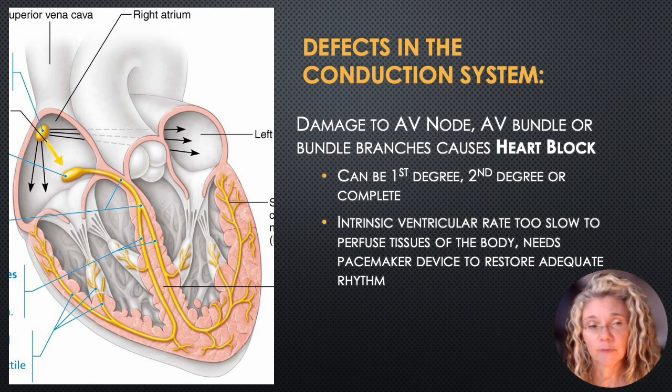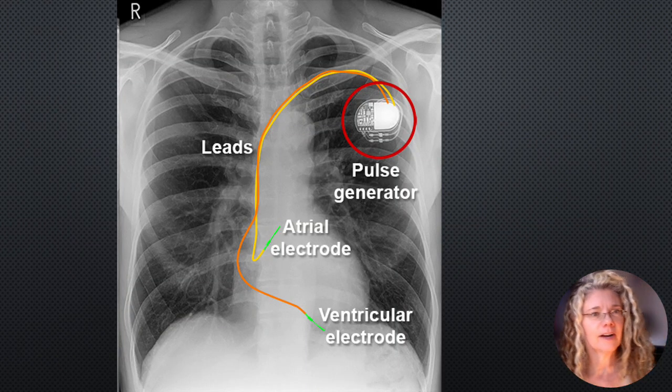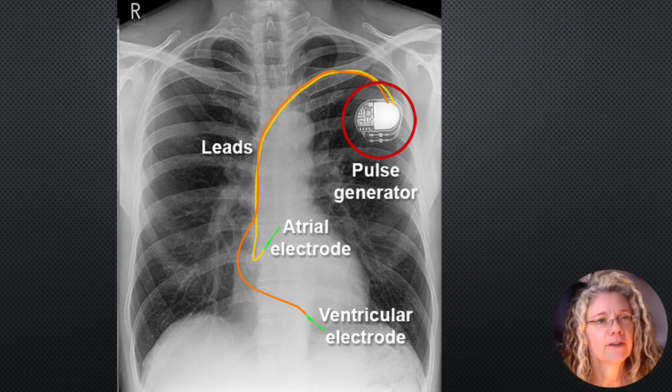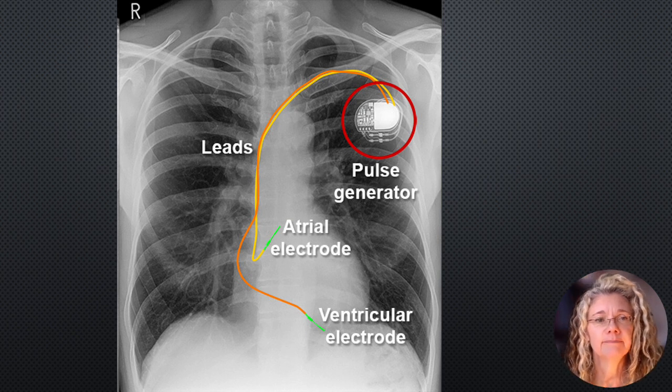So when we have damage to this part of the heart, then we need to insert a device to restore that appropriate rhythm, and we call that a pacemaker. All right, so this is what it looks like to have a pacemaker installed. The pulse generator that's circled there in red is going to be the generator of the electrical activity.